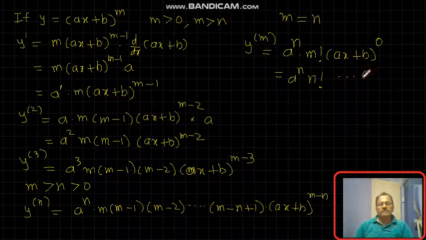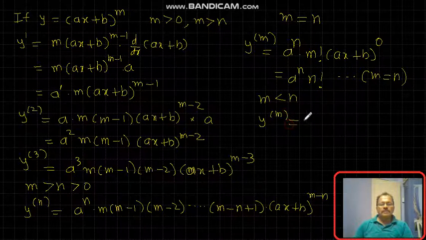This is because m equals n. And the next derivative, that is when m is smaller than n, must be 0 because this is constant, and therefore the nth derivative for m smaller than n is 0.